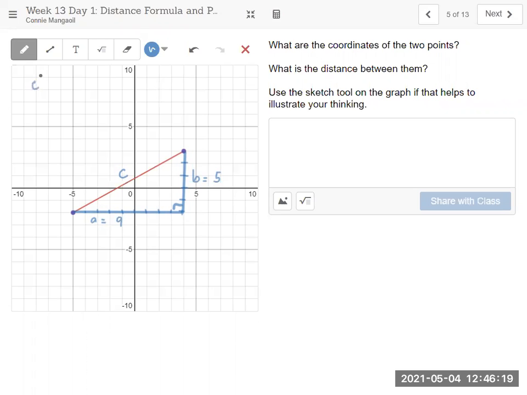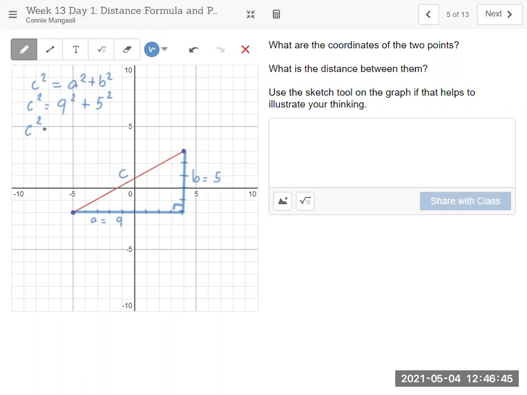So again, your Pythagorean theorem is C squared equals A squared plus B squared. So C squared is equal to, our A is 9. Check your work, class. 9 squared plus your B is 5, so plus 5 squared.